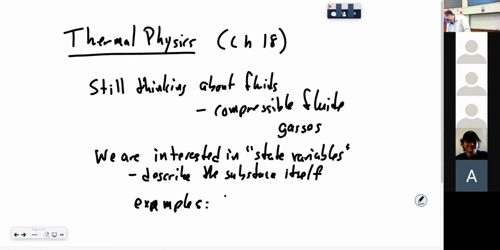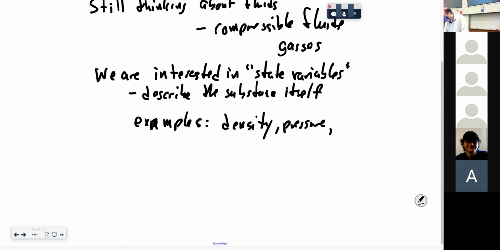Density, yes, excellent, absolutely. Pressure, yes. Potential energy, yeah, sure. There's a lot of ways that potential energy could be stored, some of which are state variables and some of which aren't state variables.